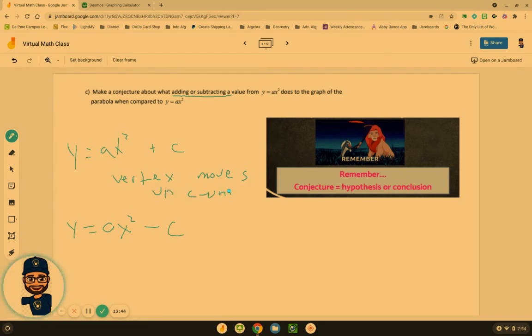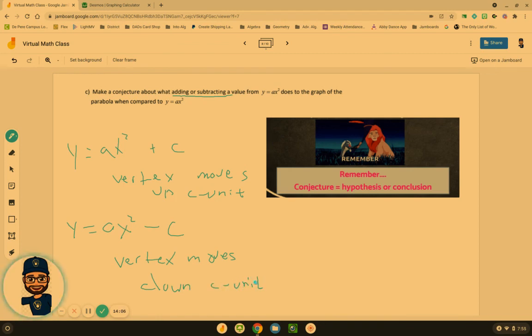Whatever that c number is, the vertex moves up, which also causes the y-intercept to change. Down here, the vertex moves down by c units. It will go down.